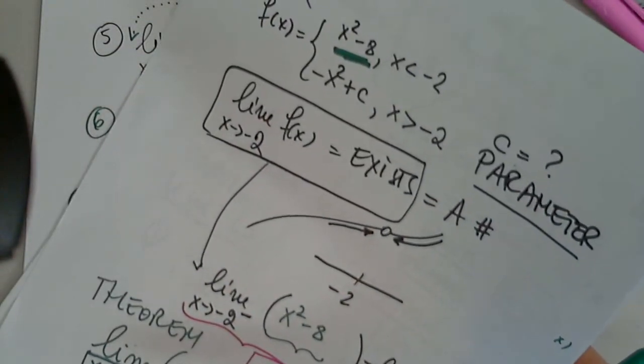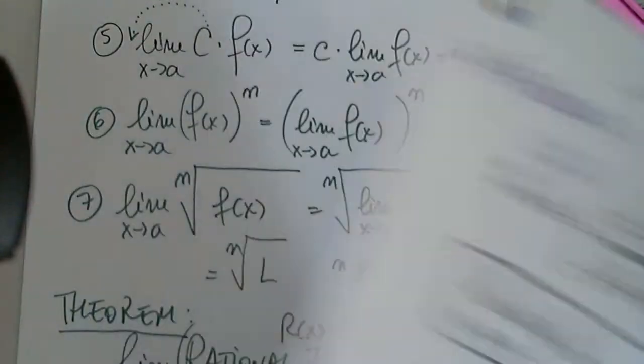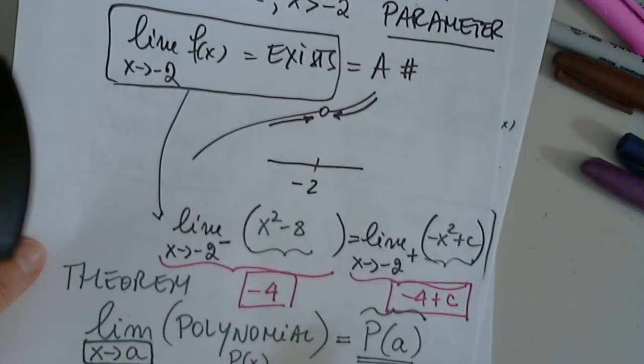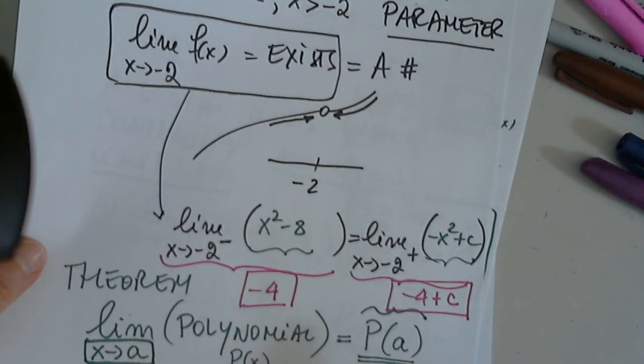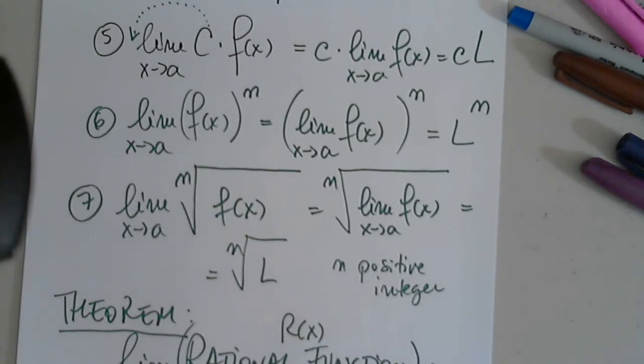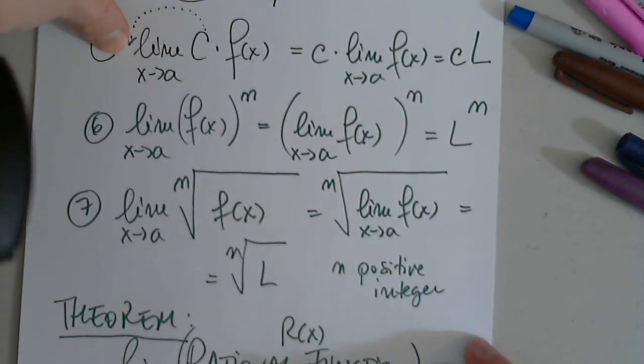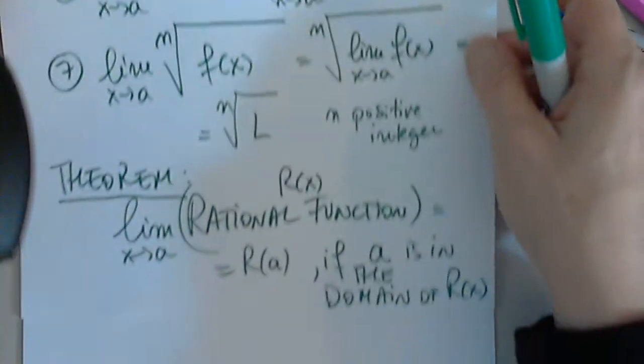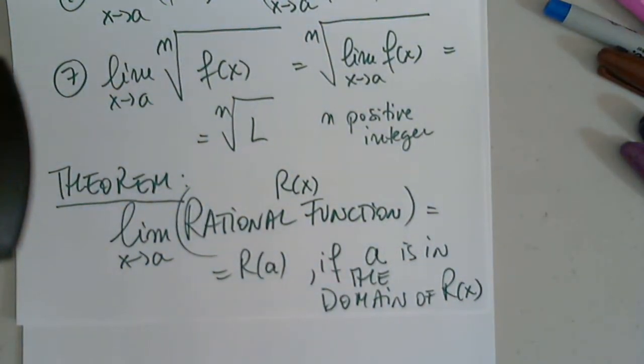Yes. As long as this number is in its domain though. Here I didn't have to write an if or only if, because polynomials are defined everywhere. But here I have to write if and only if a, this number, is in the domain of r of x. If it is not in the domain, then I cannot plug it in.